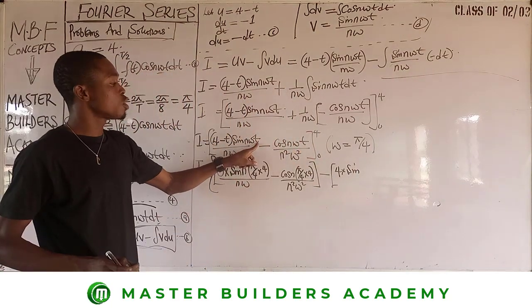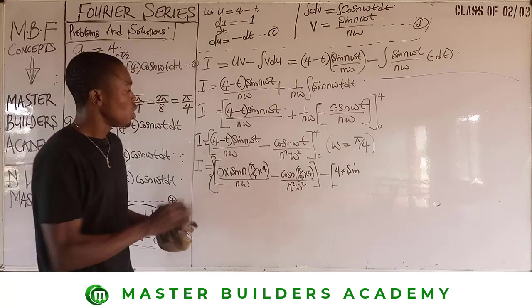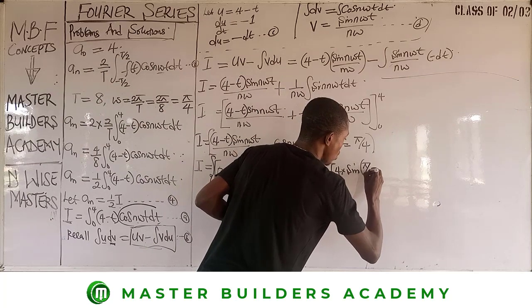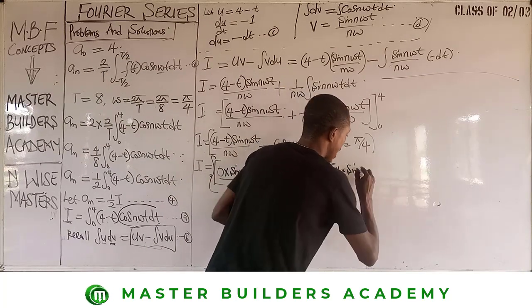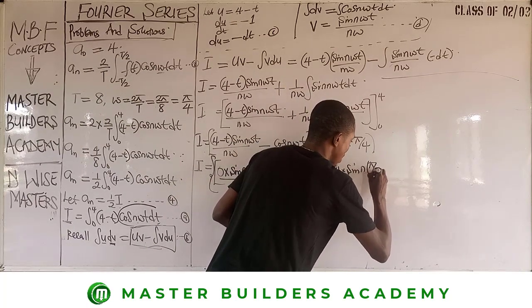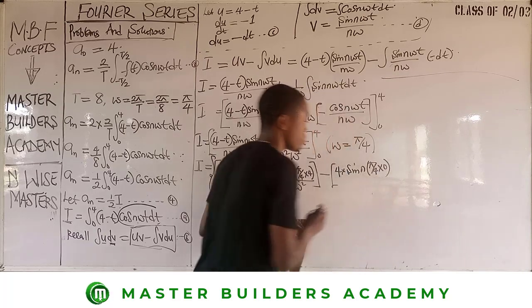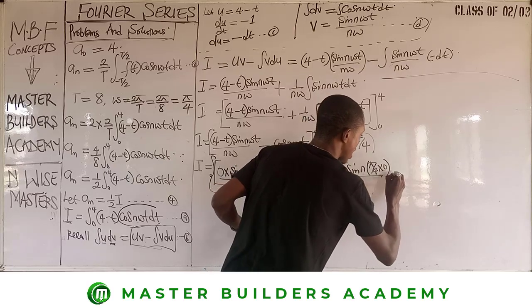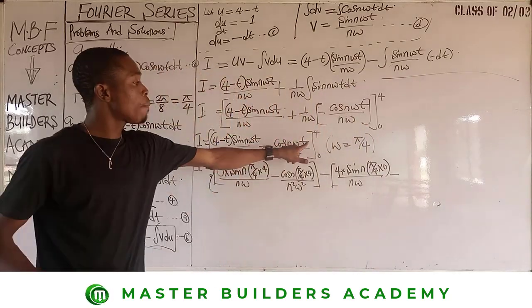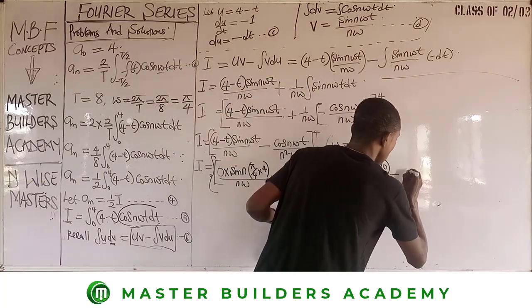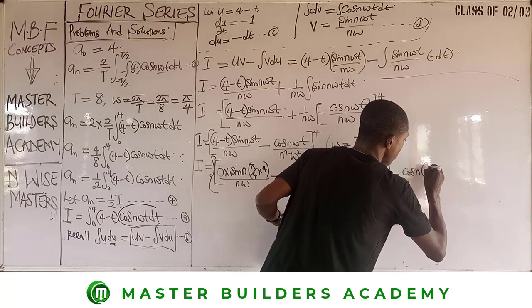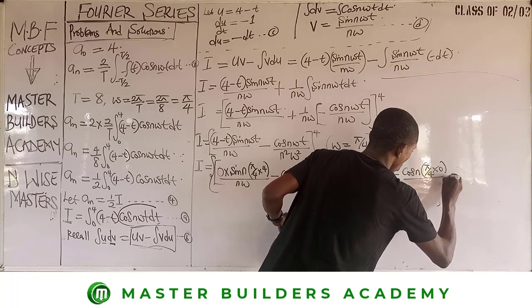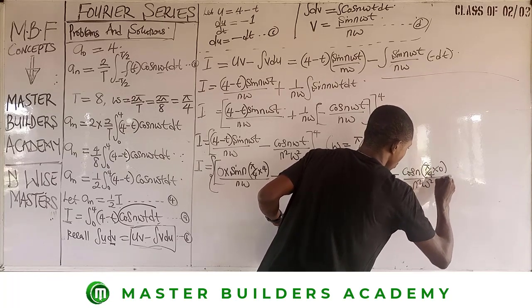Remember, if I put in 0 here, we are supposed to have pi over 4 multiplied by 0, all over n omega, then minus. When we now put the value of t here again, this will give us cos n pi over 4 multiplied by 0 all over n squared omega squared.